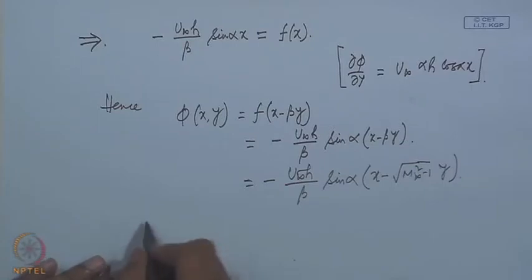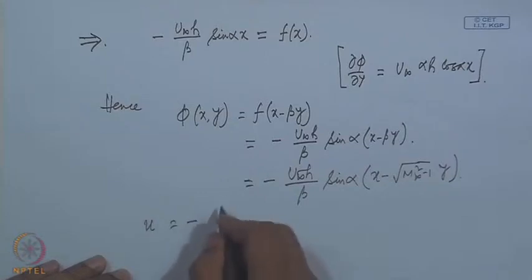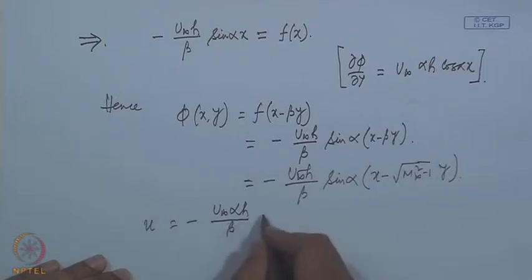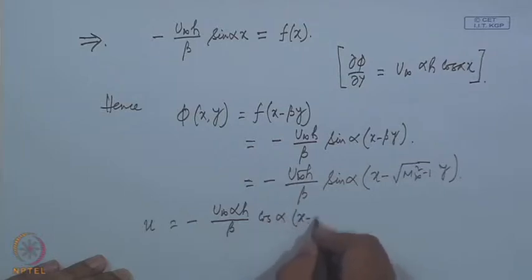The perturbation velocity components are d phi dx, that makes U infinity alpha h by beta cos of alpha into x minus beta y.